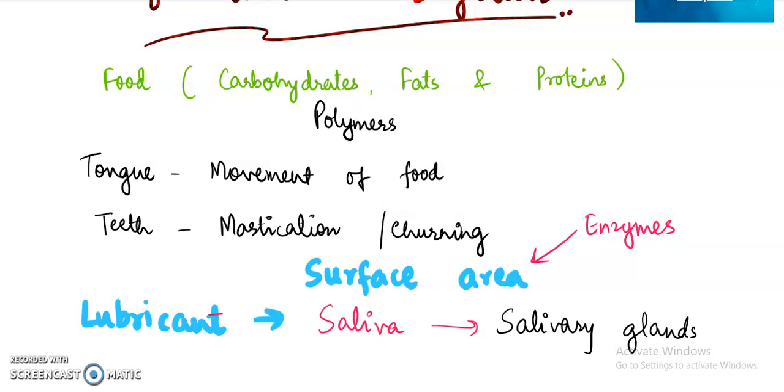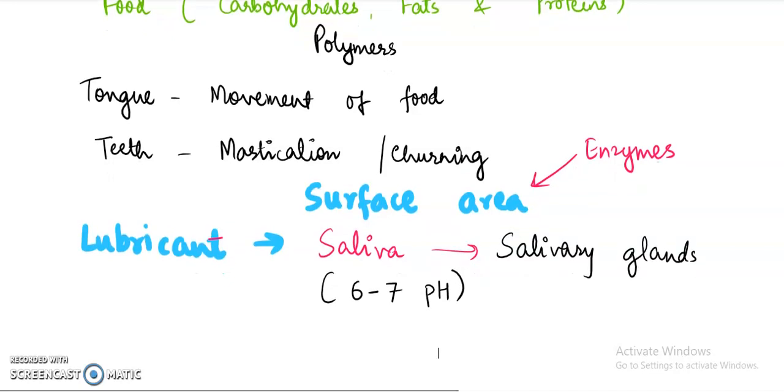As I said in my previous video on pH, saliva is slightly acidic to neutral in nature. That means its pH lies somewhere between 6 to 7. It is weakly acidic or neutral. So saliva is being produced by the salivary glands. This saliva acts as a lubricant. It gets mixed up with the food and it helps in breaking the food into smaller particles, right?